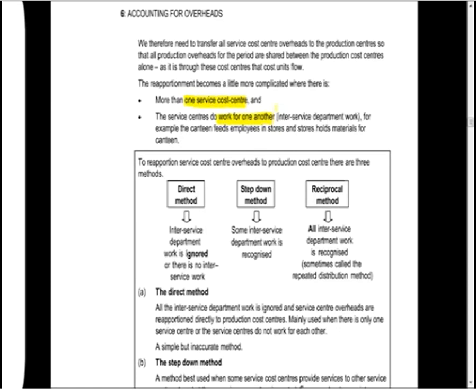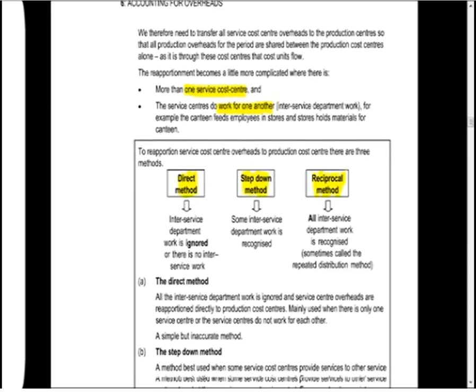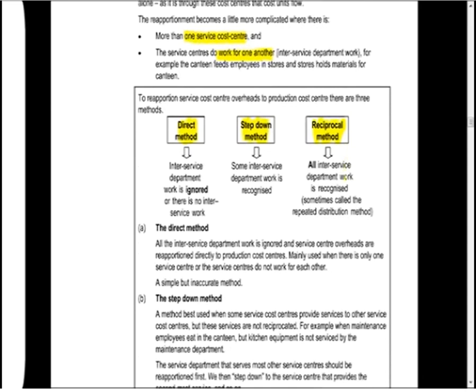We've got 3 different methods then for reapportioning overheads depending on the scenario. The direct method, step-down method, and the reciprocal method. And as you go across this diagram, they get increasingly complicated. So you can see then in the direct method, inter-service departmental work is ignored, or there isn't any.